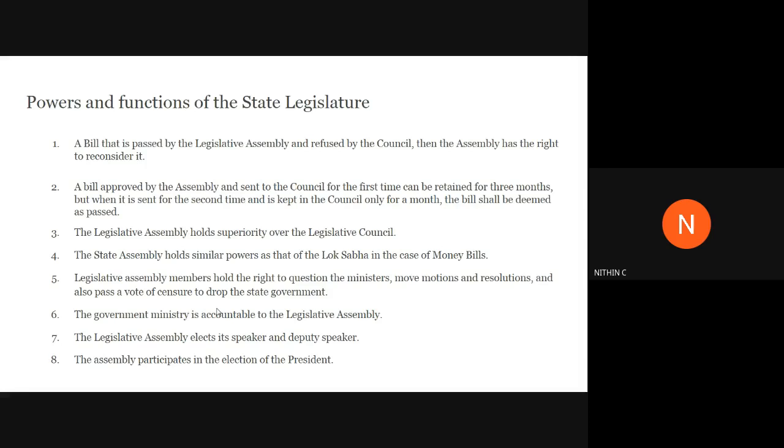But even then we have legislative councils in 6 states. In such states, if a bill is passed by the legislative assembly and refused by the council, then the assembly has the right to reconsider it.